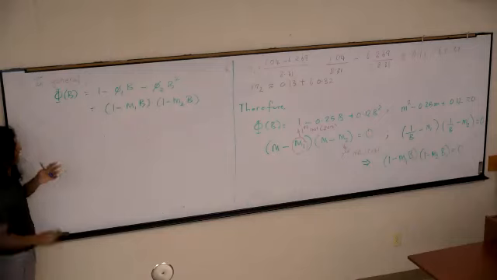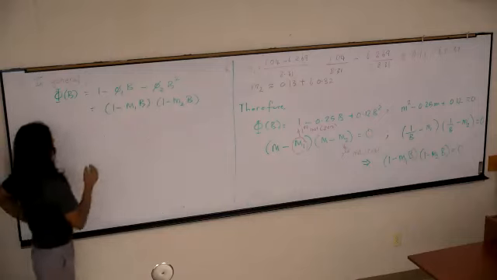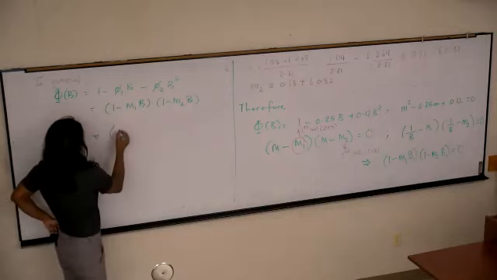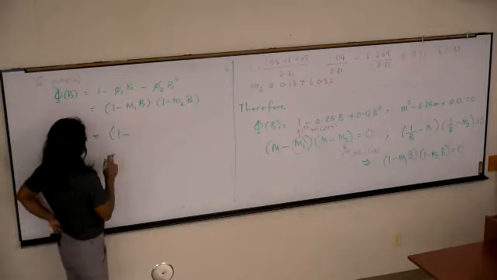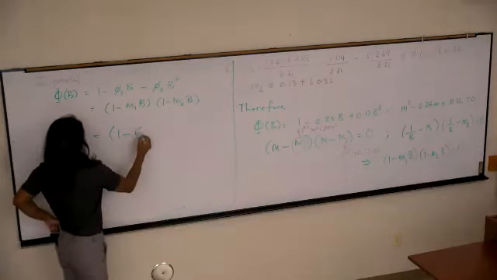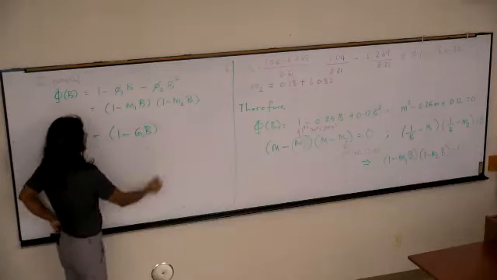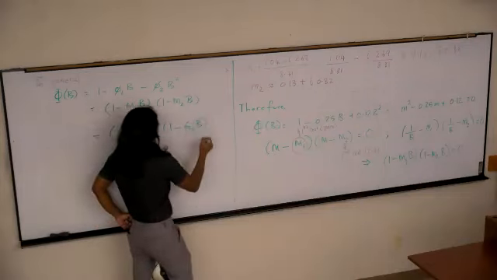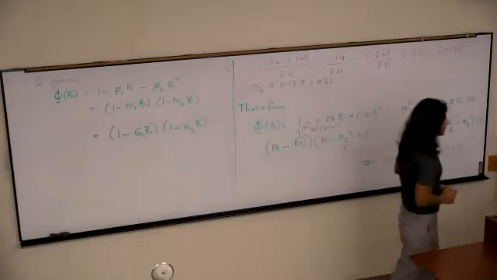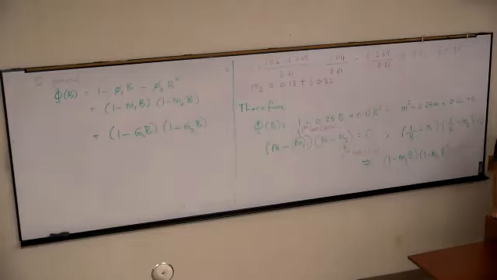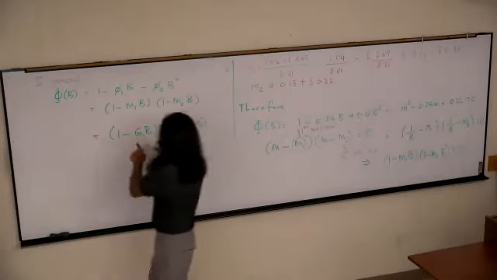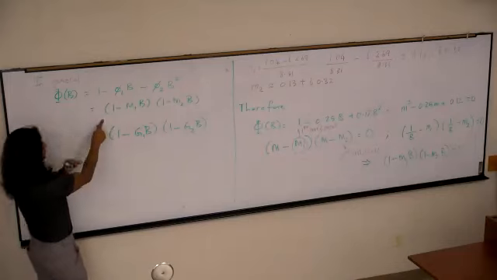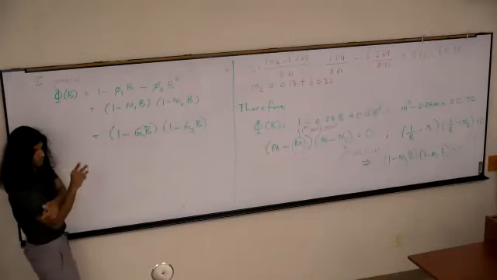Your book refers to that as 1 minus G1 B times 1 minus G2 B. That's just notation, so this has nothing to do with what we solved.